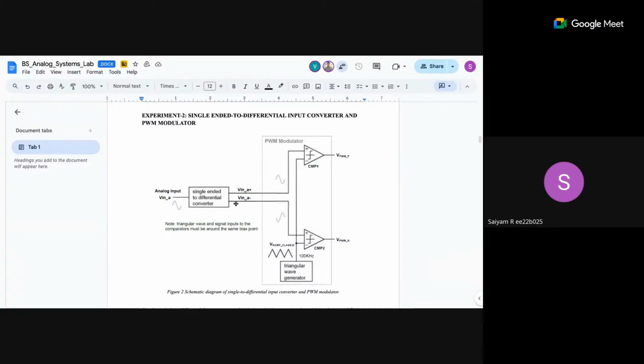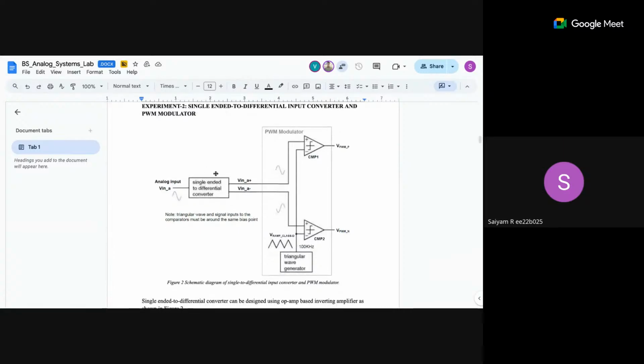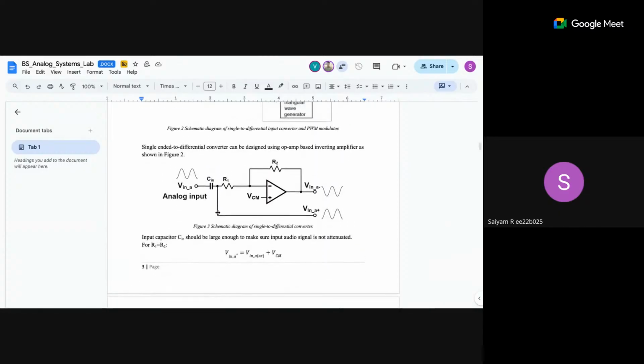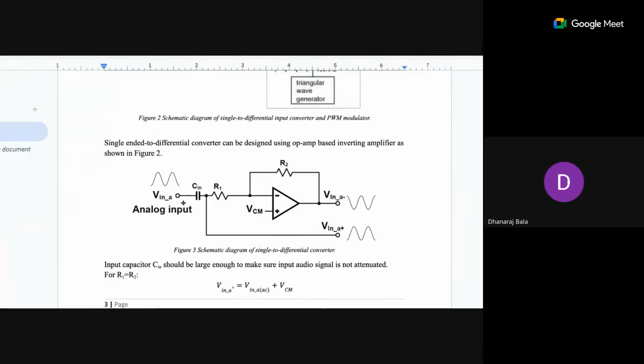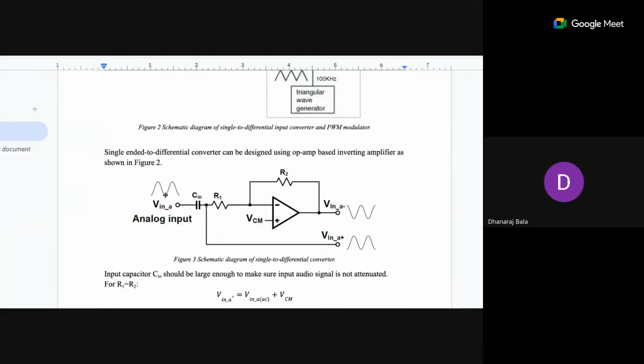So this one is a single-ended to differential converter. Do you understand this? Single-ended to differential converter means it creates a phase difference between input and output, and it also sets the common mode.